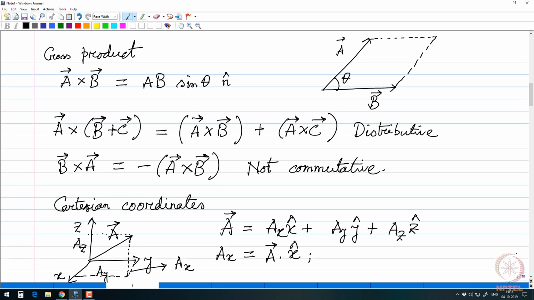Here we see the projection interpretation of the dot product clearly. Ay is similarly A dot y cap, and Az is A dot z cap.